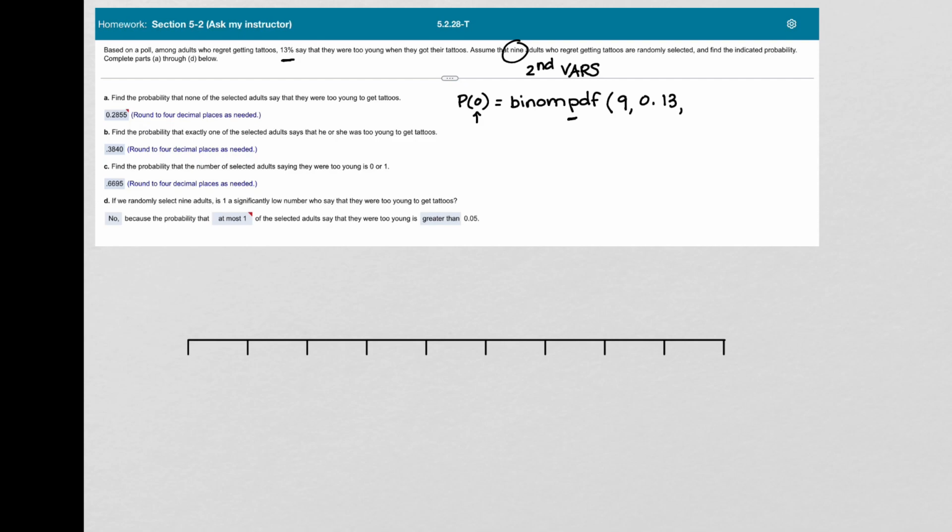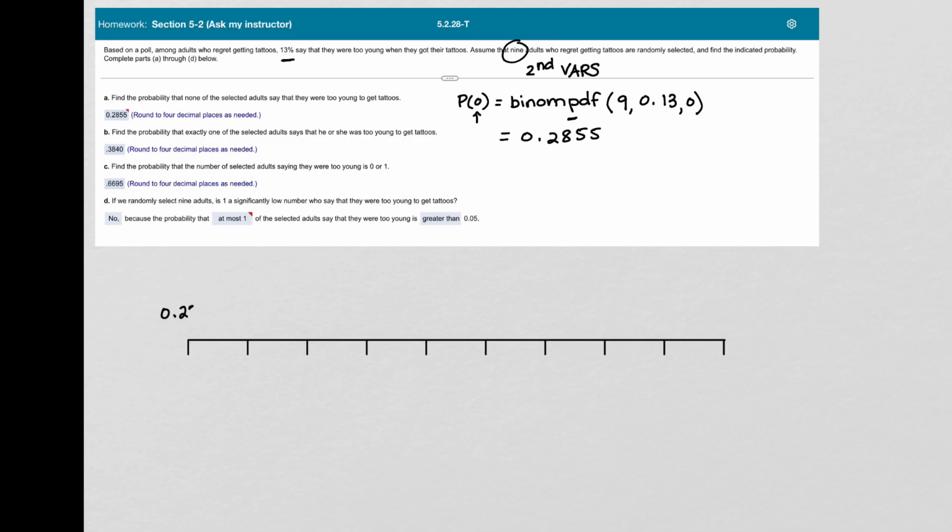And now we want the number of successes that we're looking for, and that was 0. So when I put this into my calculator, I get 0.2855. So there's almost a 29% chance that 0 people would say they were too young.